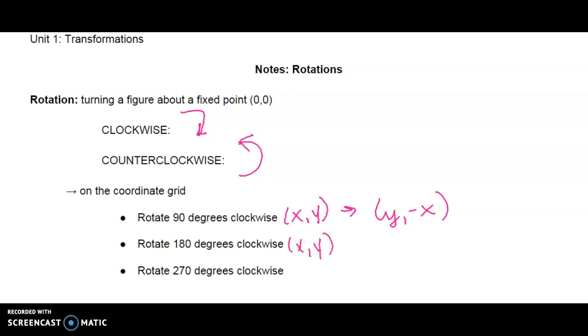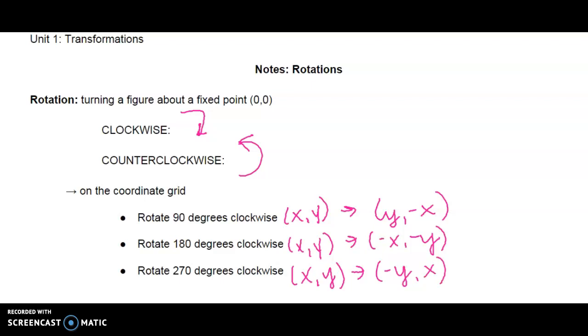When we rotate 180 degrees around the origin clockwise, (x, y) becomes (-x, -y). So the x and y values stay in the same spot. They just switch sign. If they were positive, they become negative. If they were negative, they become positive. And then for a 270 degree clockwise rotation about the origin, (x, y) becomes (-y, x).